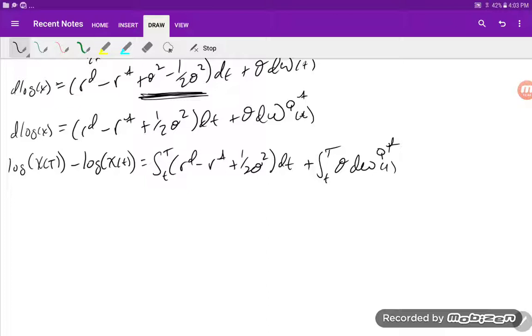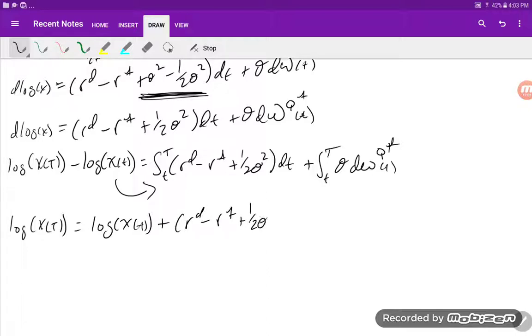These are very straightforward integrals, and I'll also move this term over, so we'll have log x at T equals log x at little t plus rd minus rf plus 1/2 sigma squared times (T minus t) plus sigma W^QF, and for this I'm just going to use a subscript of big T minus little t.